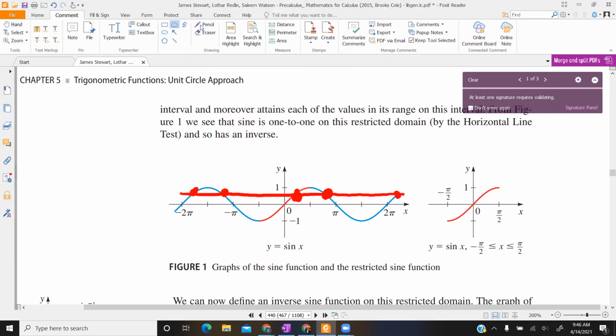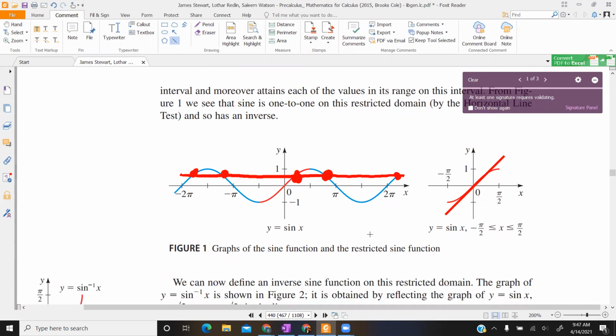Then you have this diagonal line here, and you reflect over that line.